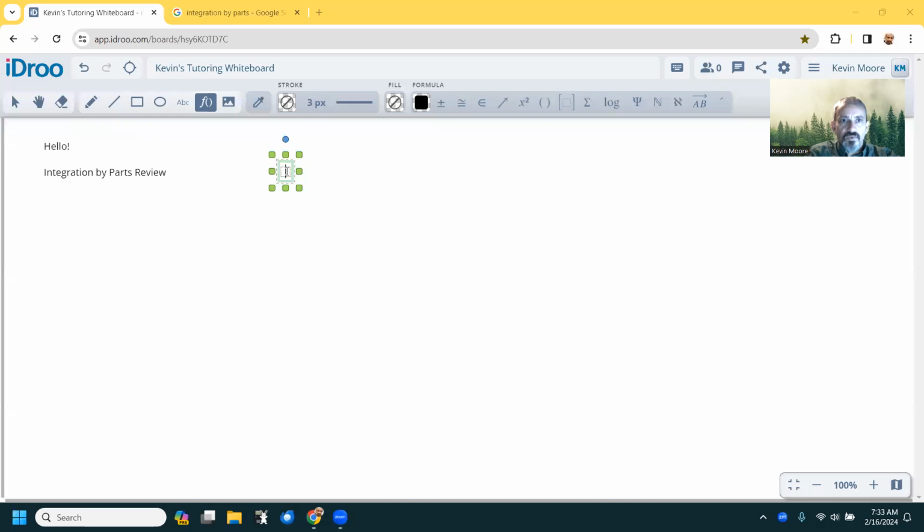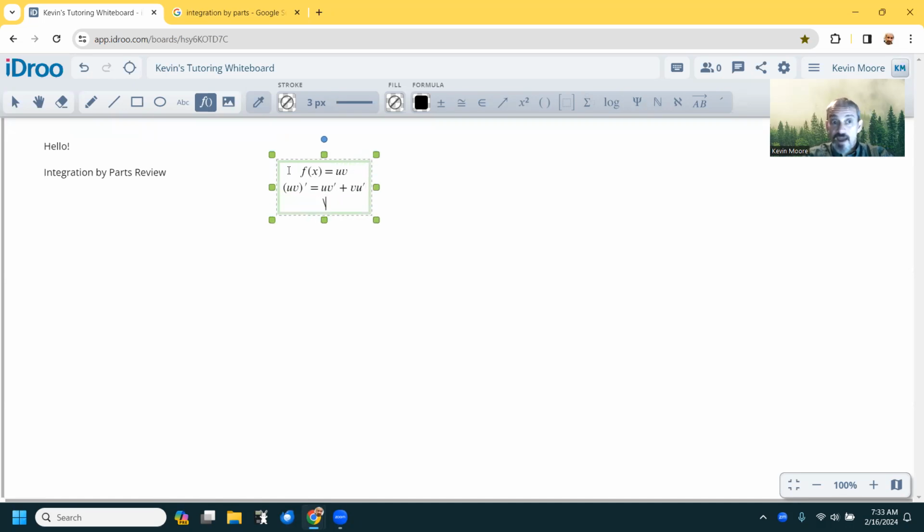So if I have a function, f of x equals u times v, and I'm going to go ahead and share my screen here. Give me a moment. I can take the derivative of this, and I get that (uv)' equals uv' plus vu'.